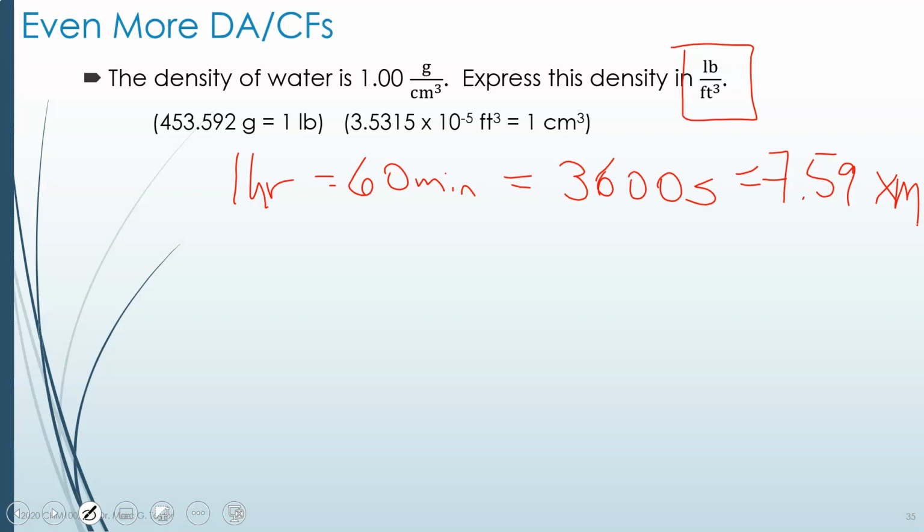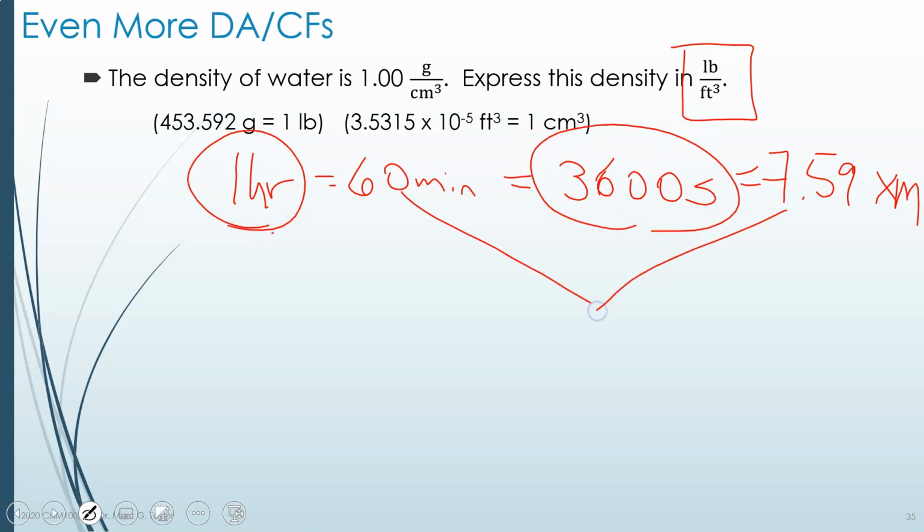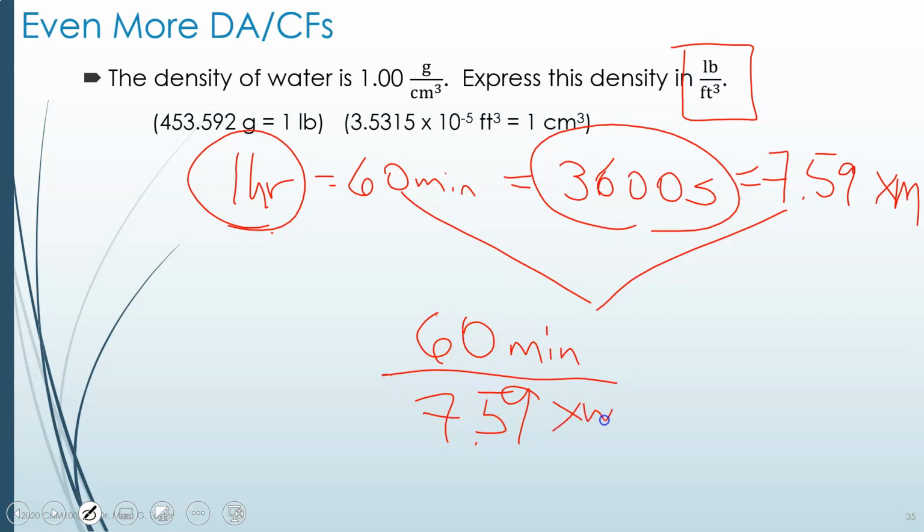And what that means is I can take any two of these, or I can take these two, or any pair and divide one by the other. They don't have to be right next to each other. I know that 60 minutes equals 7.59 of these made-up units I have, and therefore that's a conversion factor. Or I know that 1 hour equals this, and I can put this over this, or I can put this over this, or any one of these, any pair of these can be made into their own conversion factor. So they don't have to be sitting right next to each other when you look at the conversion factor table.